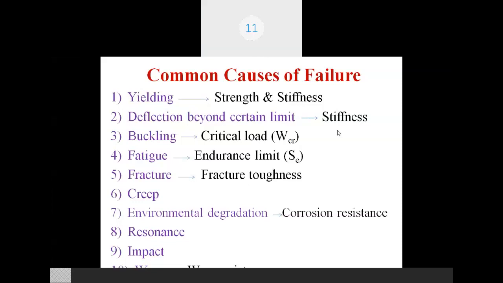You get that in some critical components. Typical components where you find a buckling failure are columns, long columns. So what is that buckling failure? Compressive load beyond the critical load.